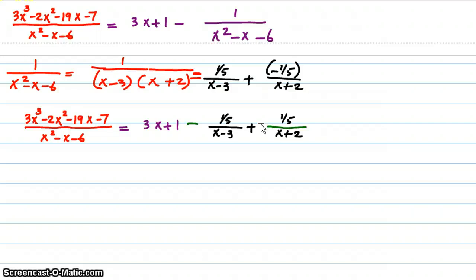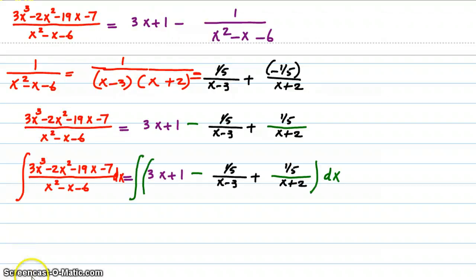So suppose we were asked to integrate this function with respect to x. We would have done everything we did so far in doing the long division, decomposing the remaining rational function into partial fractions, and we would end up with this.